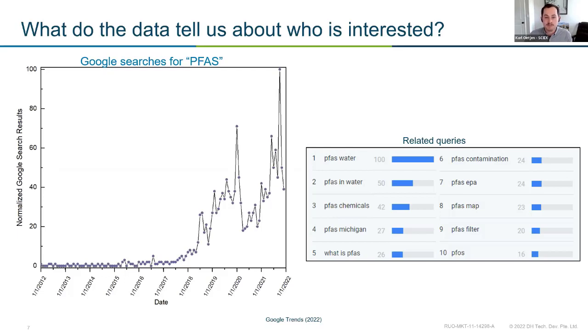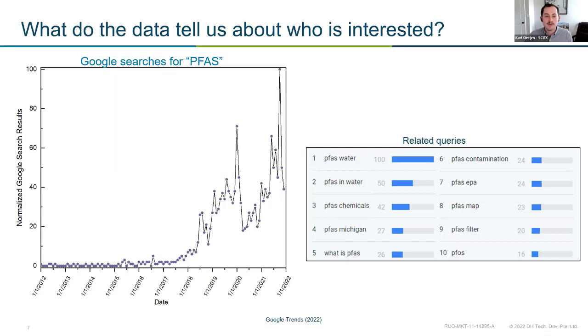And what they're searching might be PFAS in water. As we all probably remember, there are a few major contaminated sites that hit the news around that time. Or they might just be searching, what is PFAS? So it's not just our community that's interested, but it's the greater community as a whole.